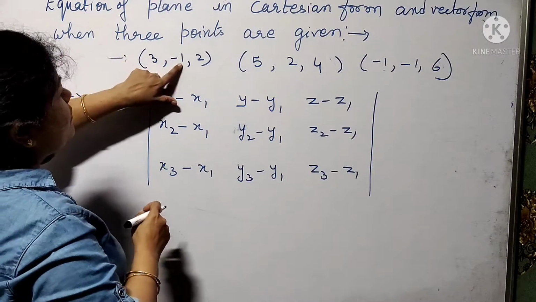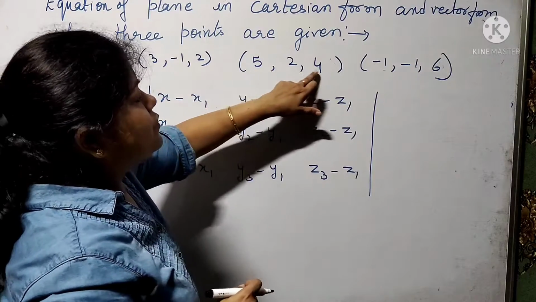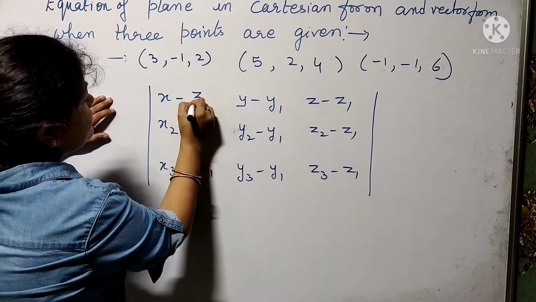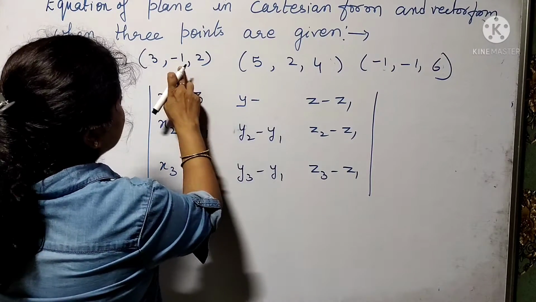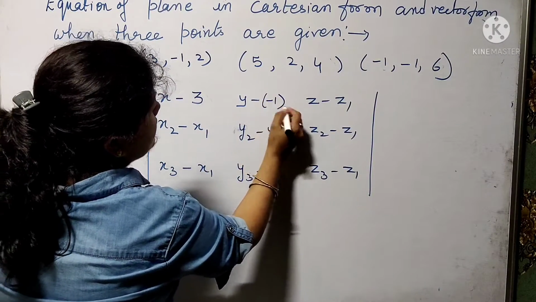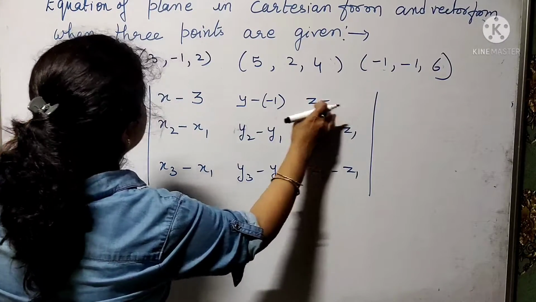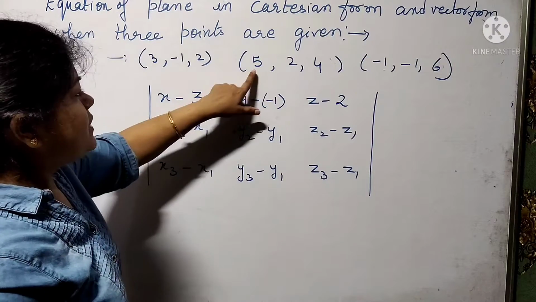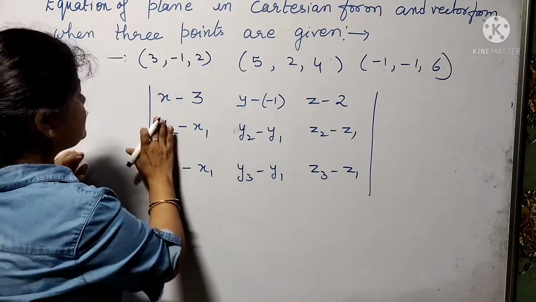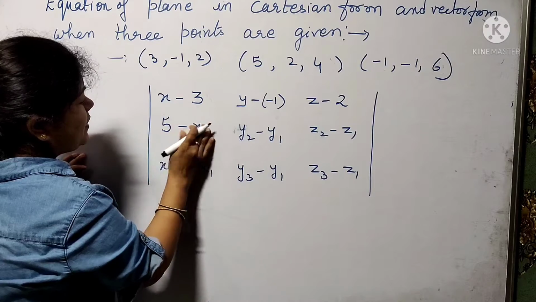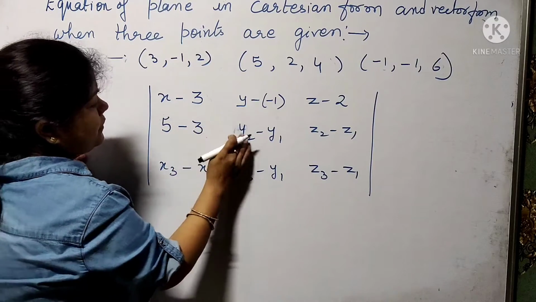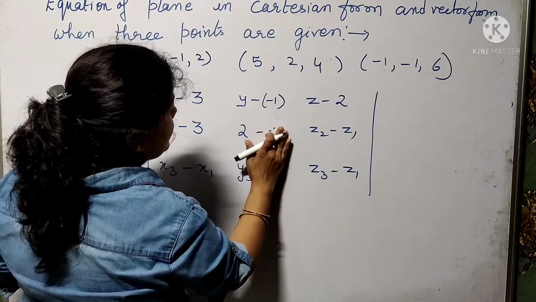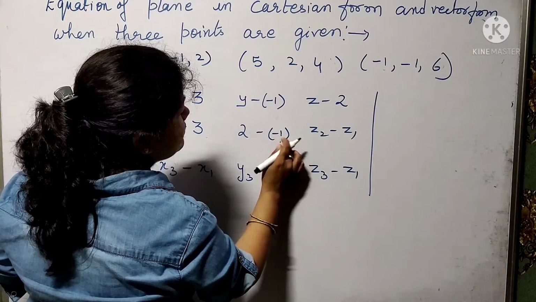Now this is x1, y1, z1, this is x2, y2, z2 and similarly x3, y3, z3. So in place of x1 what do we write? 3. In place of y1 we write minus 1. Then in place of z1 we write 2. Okay. Now x2 minus x1, this is x2, that is 5 minus 3. Now here we get y2, that is 2 minus minus 1.